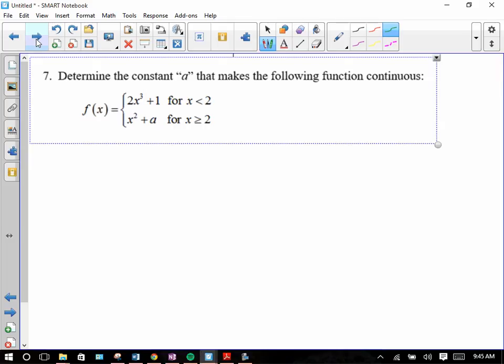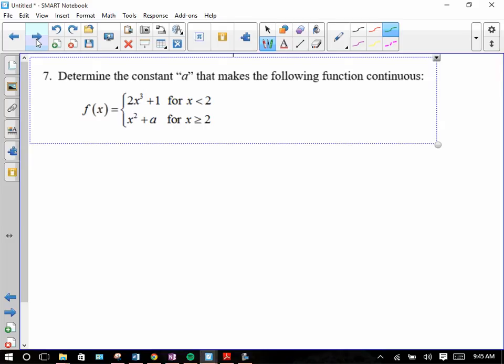All you want to do is show they're continuous. These are nice functions that don't have denominators in them. In order for them to be continuous, first of all, you have to know the function value.